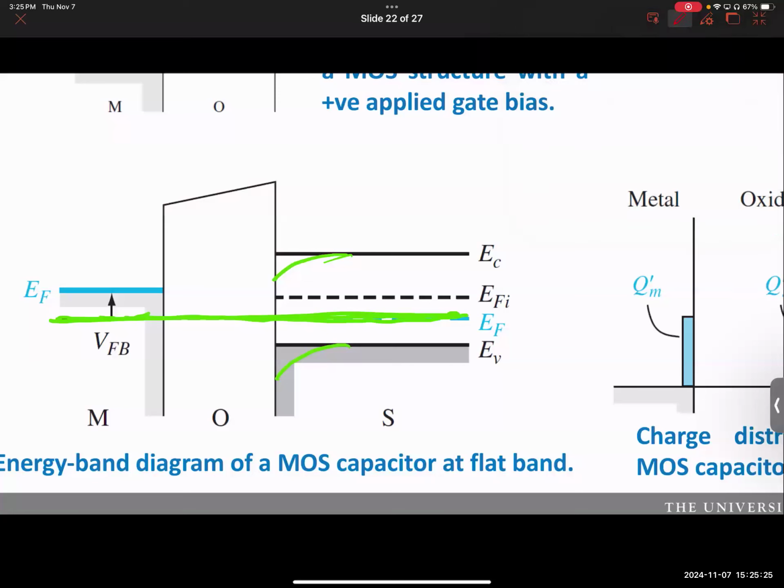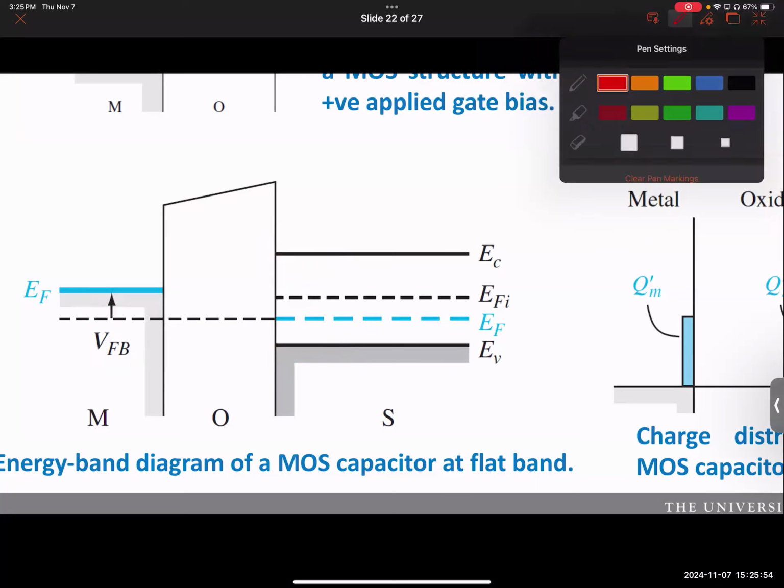When you apply a negative voltage, the Fermi level on this side goes up, and these bands flatten. But you need to know how much to apply. If you apply too much, it will bend the other way, right? You have to apply exactly the amount that is necessary. The amount of voltage that you need to apply to just flatten the band is called the flat band voltage. This is a gate voltage that you need to apply to flatten the band.